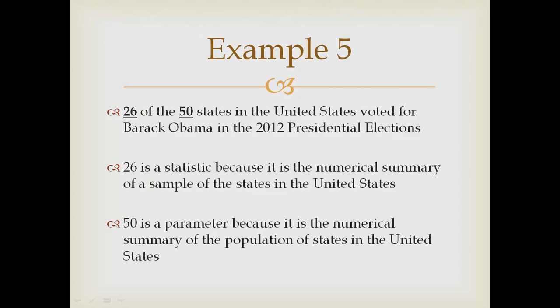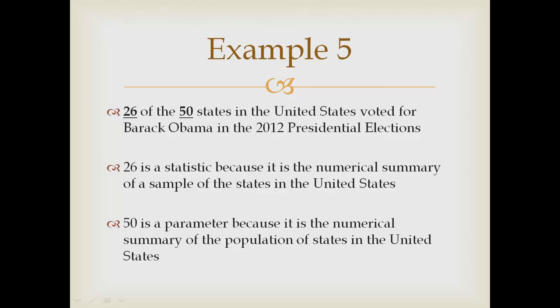Example 5. 26 of the 50 states in the United States voted for Barack Obama in the 2012 presidential elections. So in this case, we are looking at the bold letters that are underlined, those are the ones that we need to tell whether they are statistic or parameter.